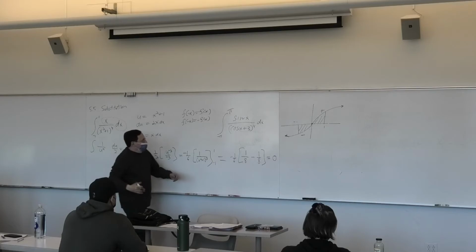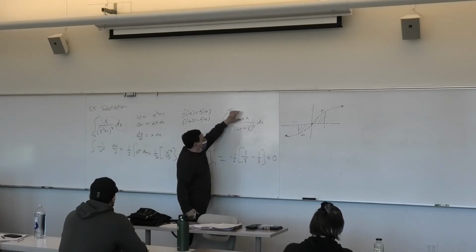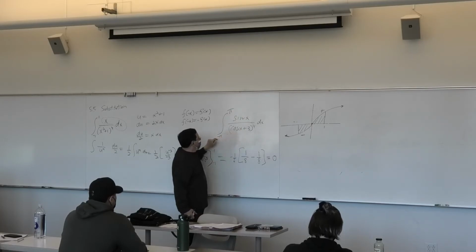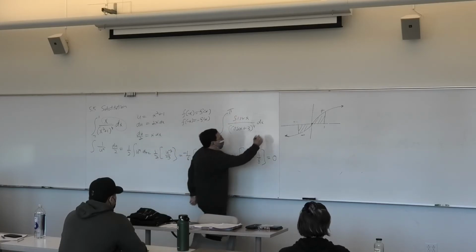Well, you don't have to. I mean, here we have clearly an even function dividing into an odd function. The whole thing's an odd function going between the same opposite limits. This is going to be 0.